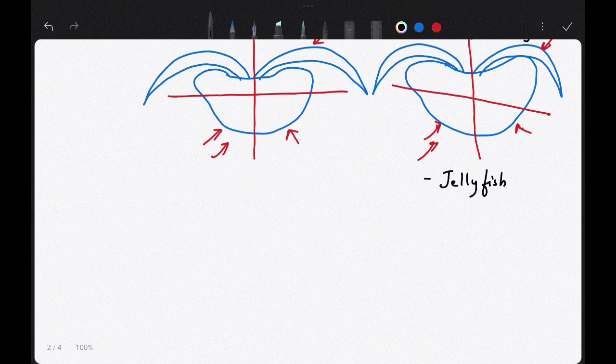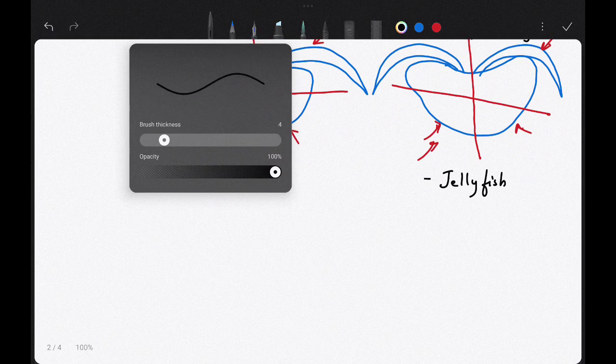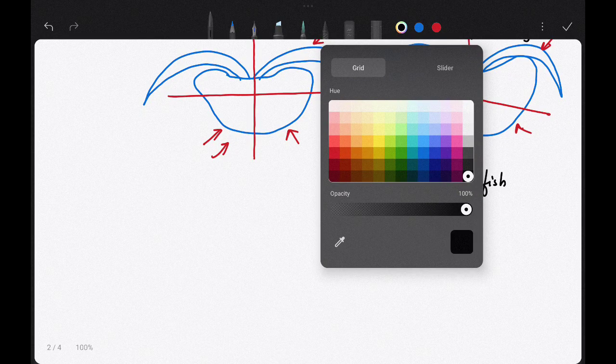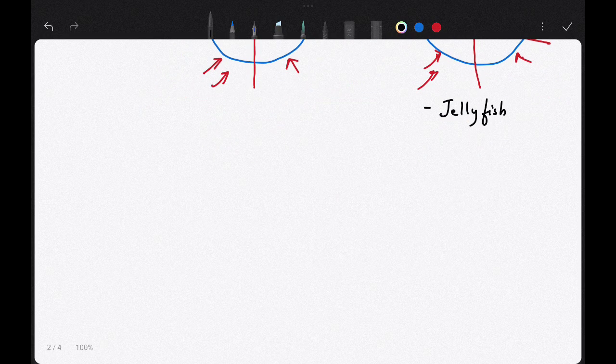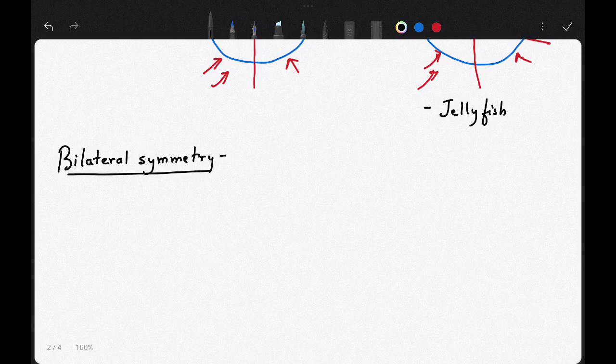Now you will see next is bilateral symmetry. Now what is bilateral symmetry? Bilateral symmetry means the organisms can be divided completely into two equal halves through the longitudinal plane.